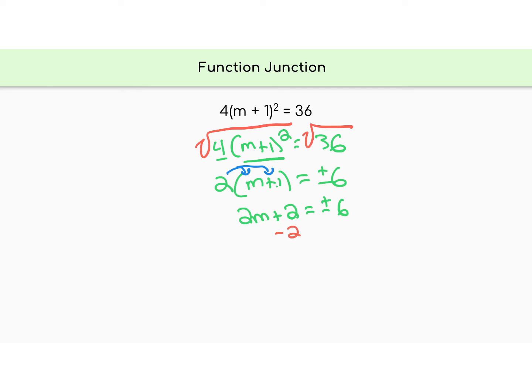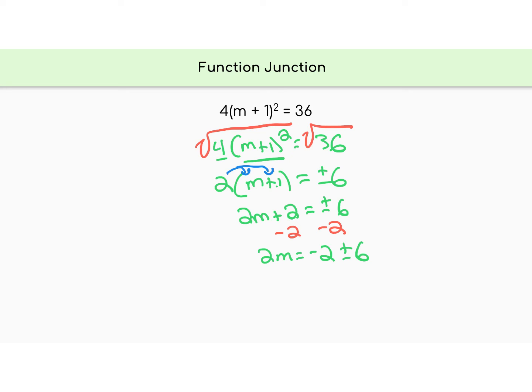So now we're going to subtract 2 from both sides, and we're left with 2m is equal to negative 2 plus or minus 6.